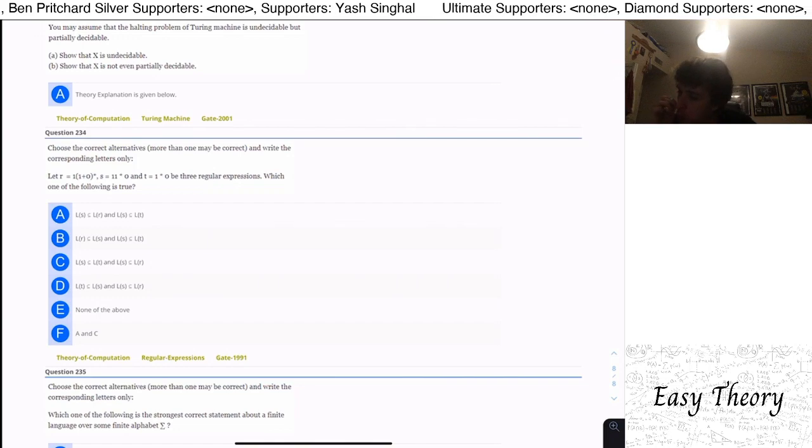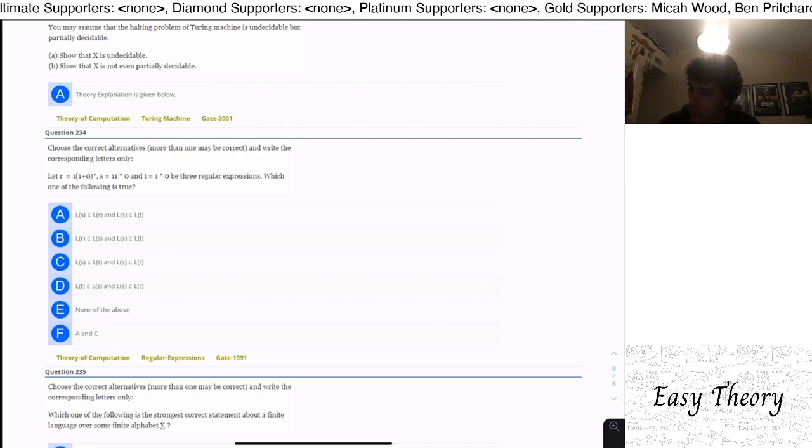Choose the correct alternatives. Let R be that regex, S be that regex, T be that regex. Which of the following is true? So S is a subset of R. That's true. So B is not true.